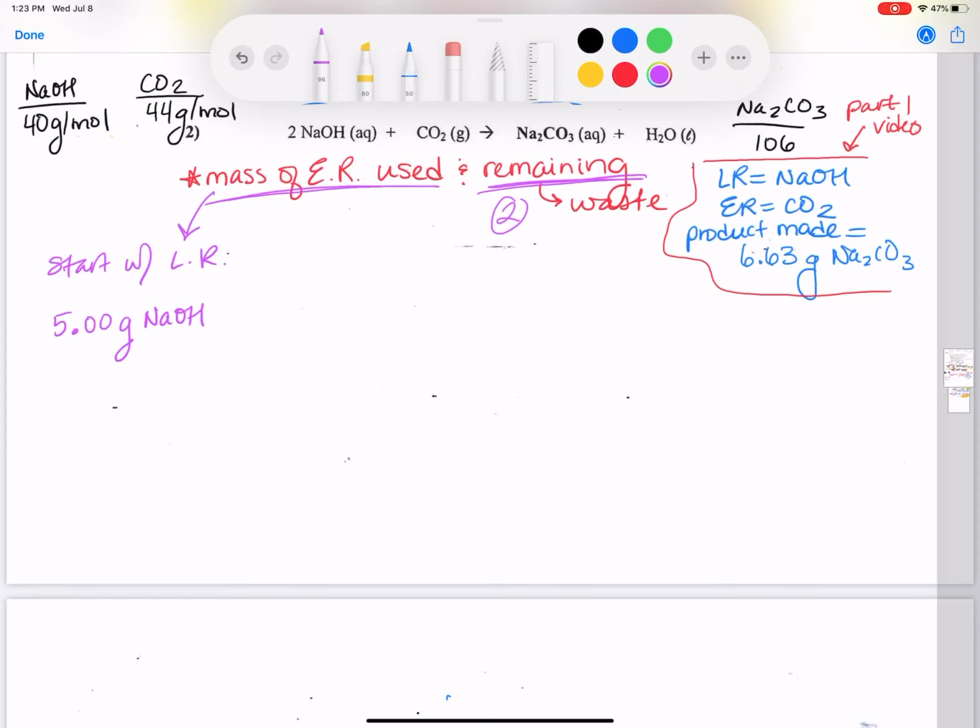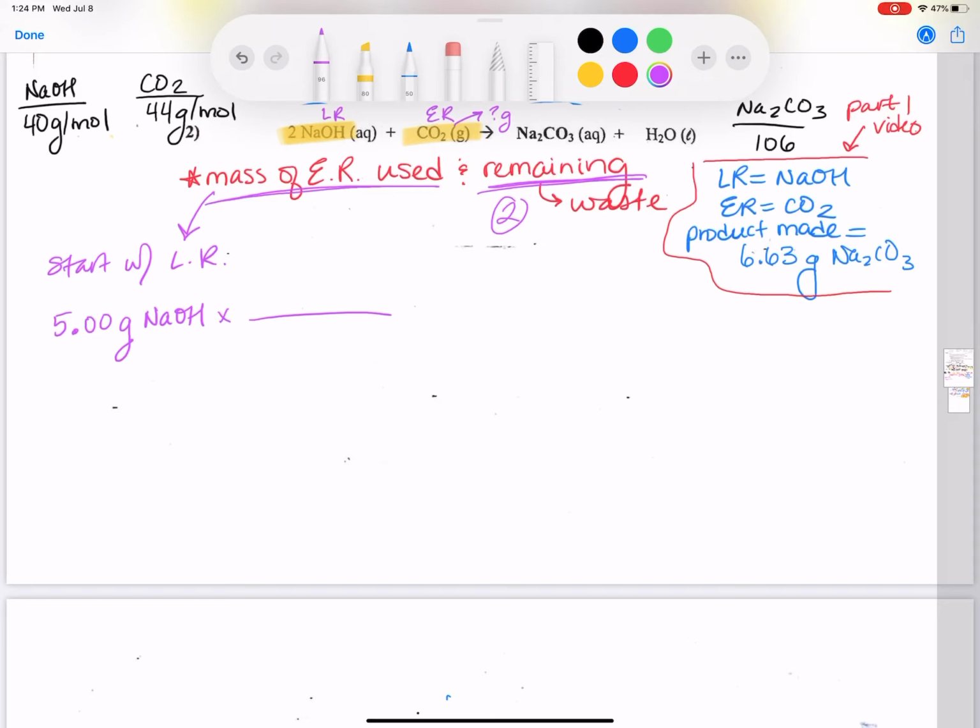I'm going to now look at the relationship between sodium hydroxide and CO2. Remember, sodium hydroxide is my limiting reactant, CO2 is my excess reactant. So I'm going to see how many grams of CO2 I actually used when I reacted it with the 5.00 grams of sodium hydroxide.